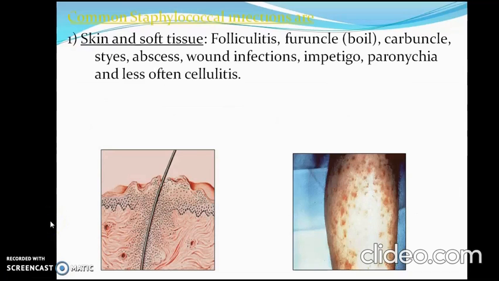Common staphylococcal infections are the following. First one is the skin and soft tissue infections, which include folliculitis, furuncle, which is kind of a boil, abscess, wound infections, carbuncle, impetigo, paronychia, cellulitis.